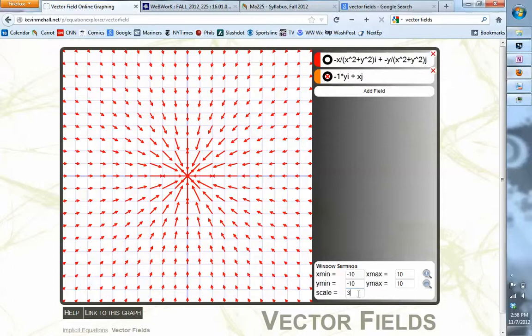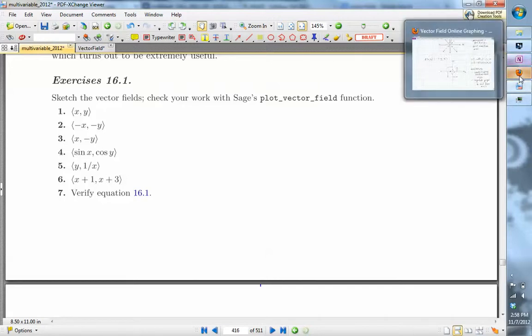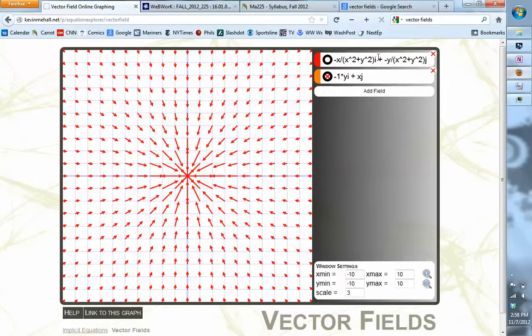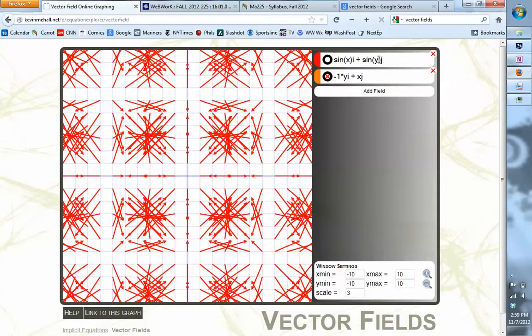If you want, you can sketch some of these by hand, and then you can plug in some of these other ones just to see how they behave, like sine x, cosine y. Let's see what that looks like. I don't remember, which one was it?